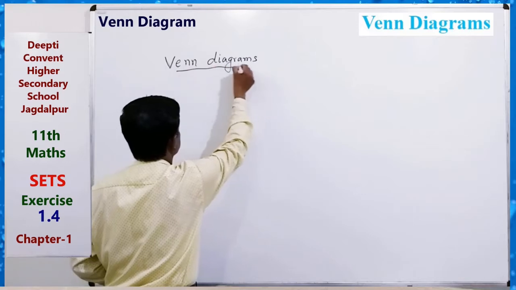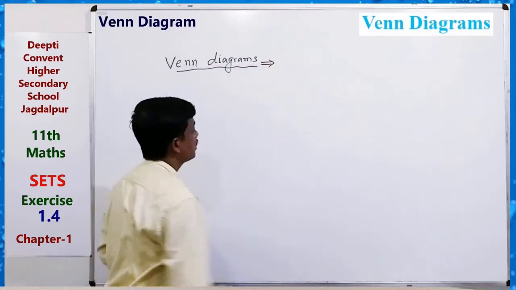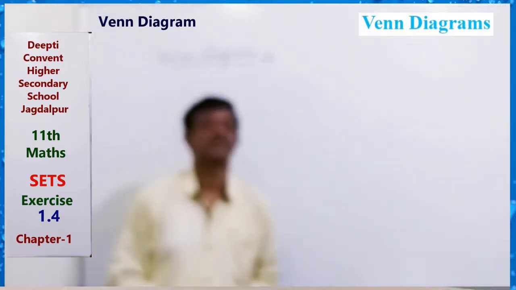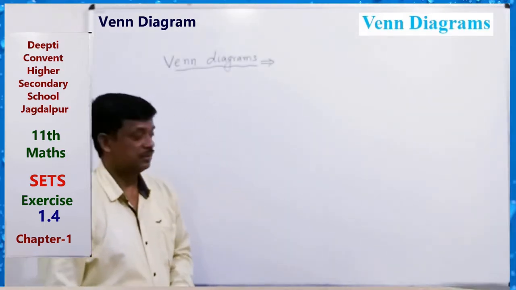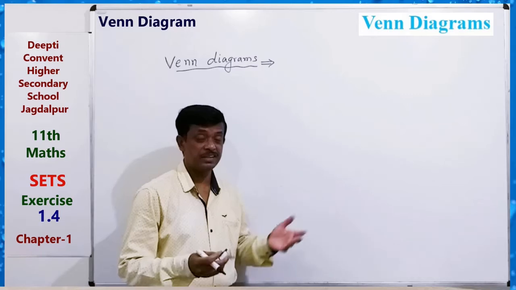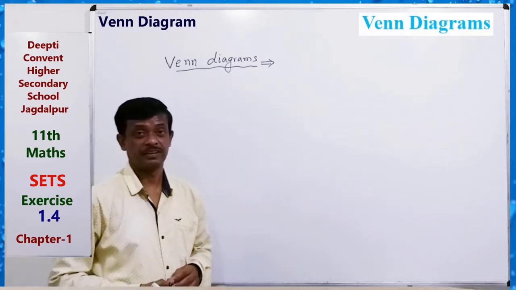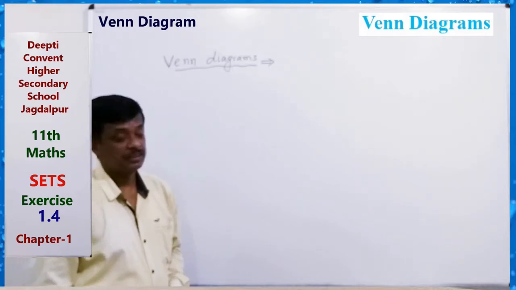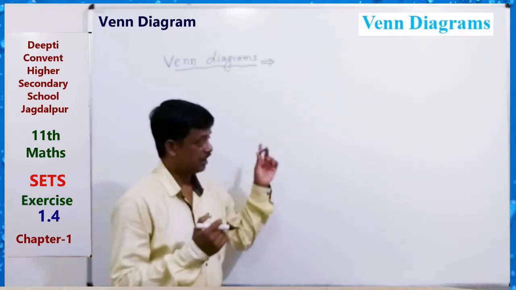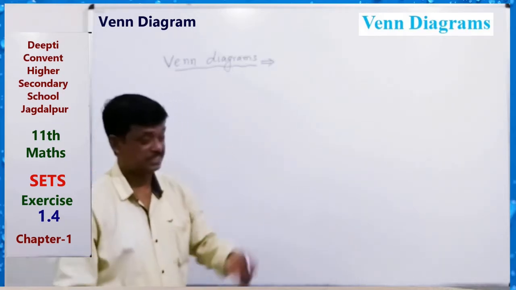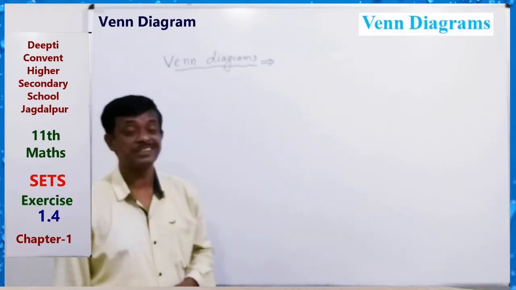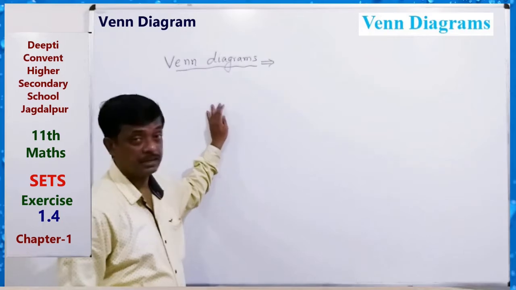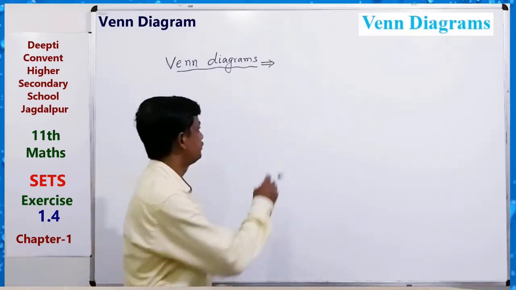So first of all, take Venn diagrams. Venn diagrams mean diagrammatic representation of sets. Some concepts can be very clear from a Venn diagram. Generally, for this we use a rectangle and circles.